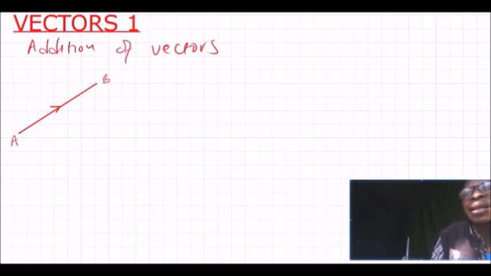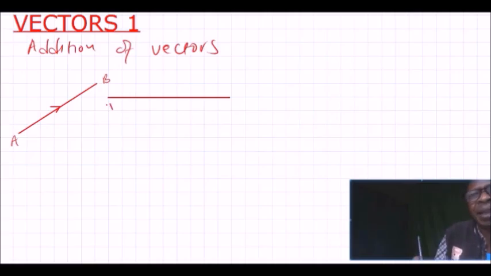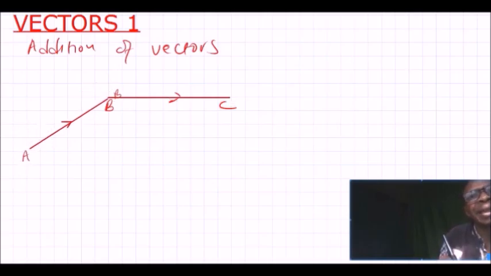Then we can have another vector here, let's call this vector BC, and this is the direction. So that's another vector. When you add vectors, you bring this vector here and you put it.